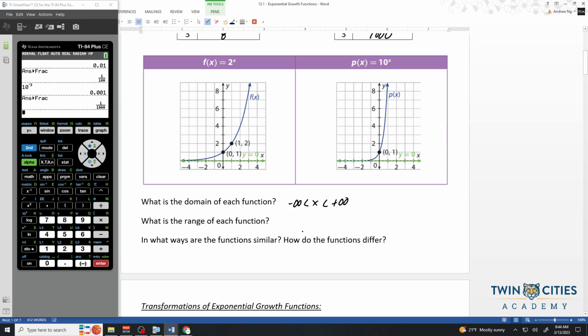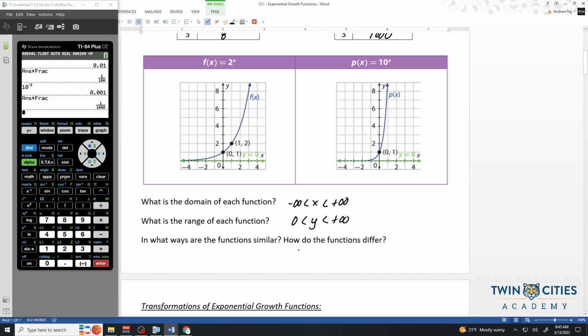Okay, what about the range? It appears that I'm going to go down toward y equals 0, but I don't know that I actually reach y equals 0. So I would say 0 less than y less than, and then I can shoot upwards into positive infinity.